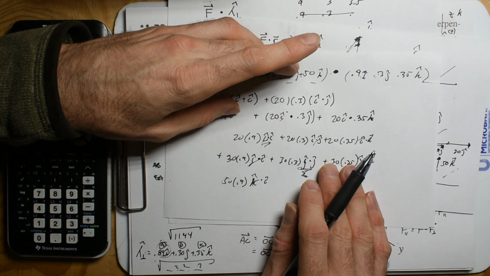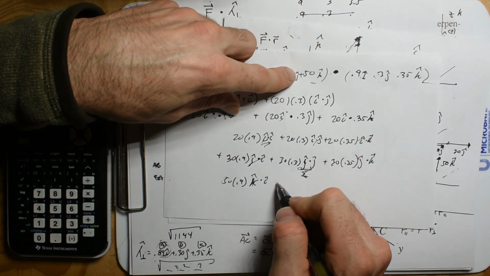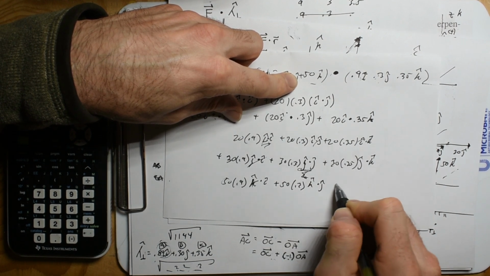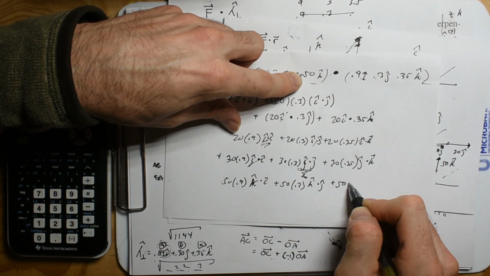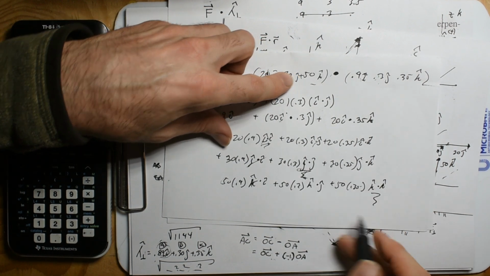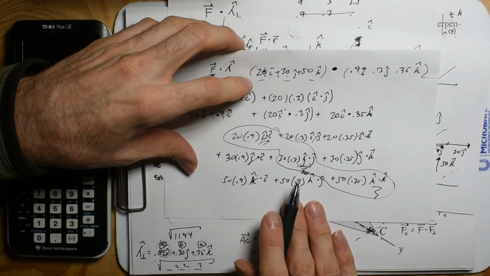Let's finish and then talk about that. So we got 50.3 k dot j, and then we got 50.35 k dot k. Sweet. So that juices. So we got 3 components that actually matter.